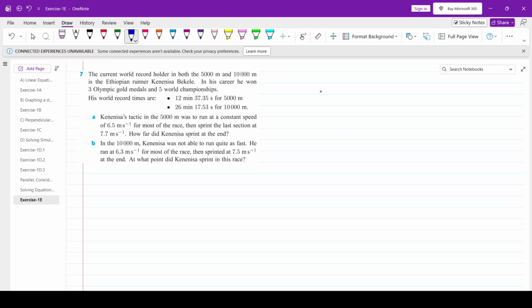This person in the 5,000 meter was to run at a constant speed of 6.5 meters per second for most of the race, then sprint the last section at 7.7 meters per second. How far did this person sprint at the end? I'll solve part A only. Part B is same as part A. So this is your homework.